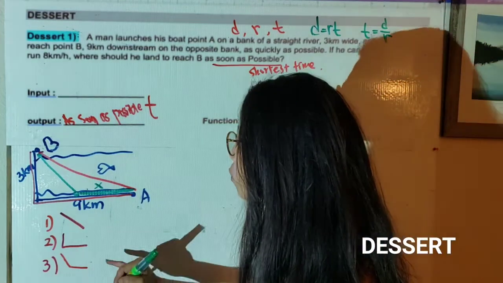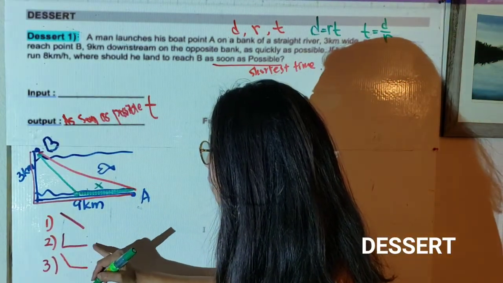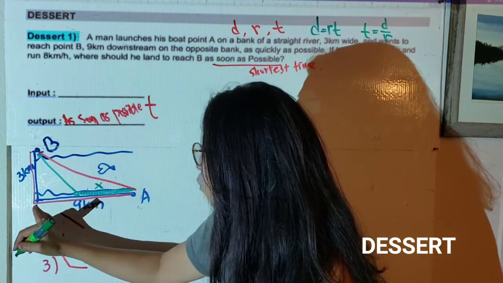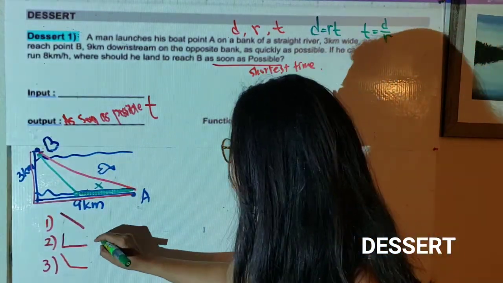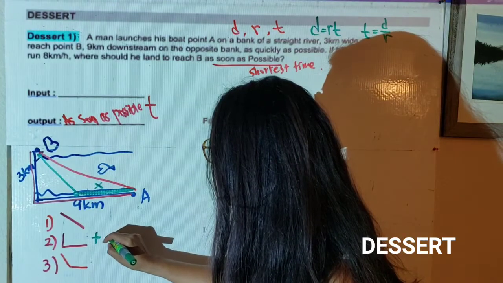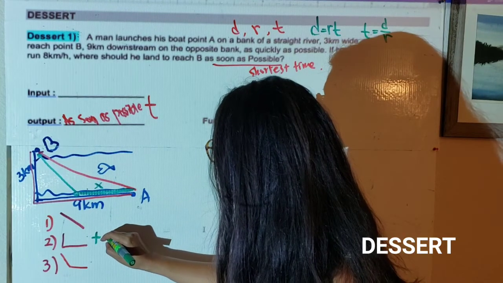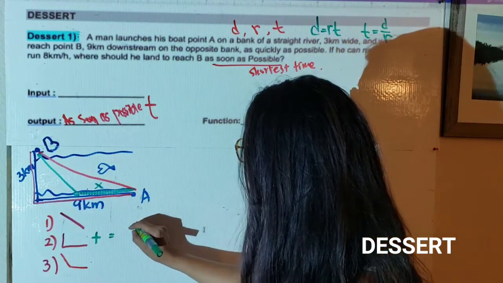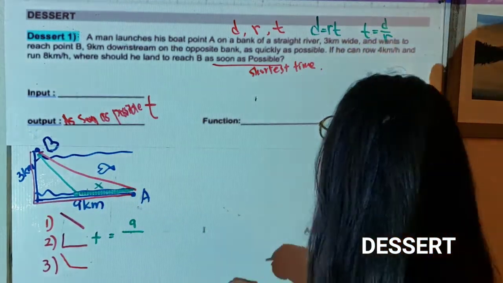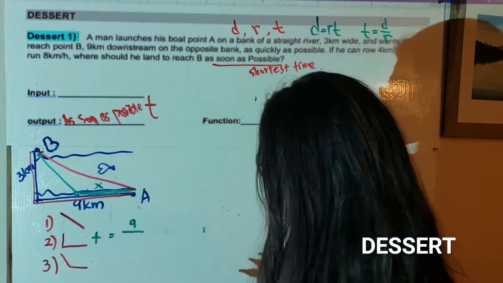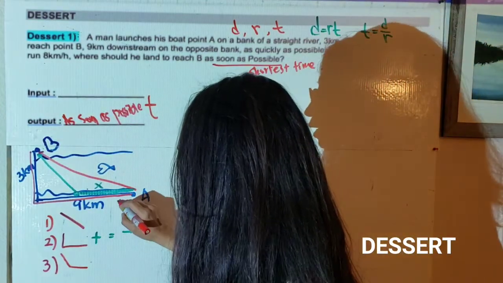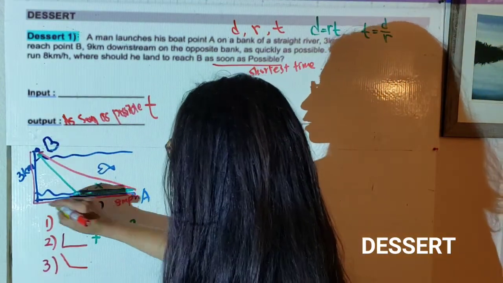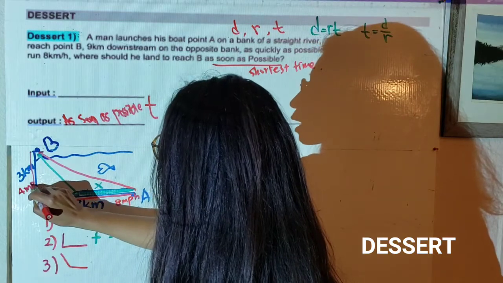In order to find how long it takes to run 9 kilometers and cross 3 kilometers, the time is going to be the distance, 9 kilometers, over his running rate. He can run 8 kilometers per hour, and he can row 4 kilometers per hour.